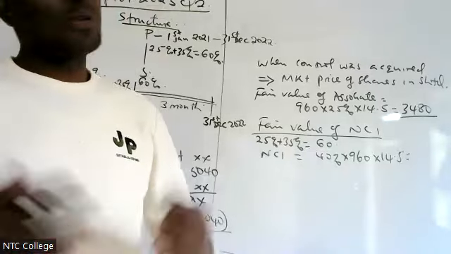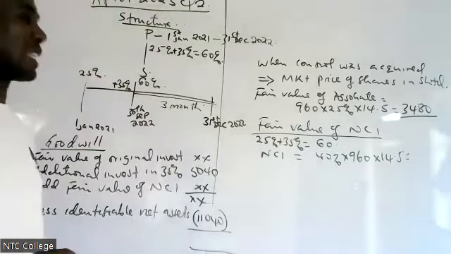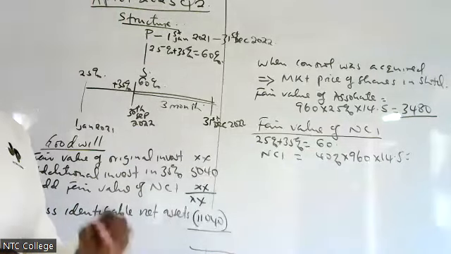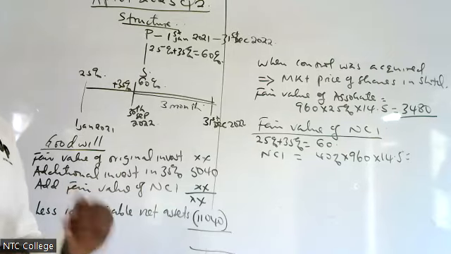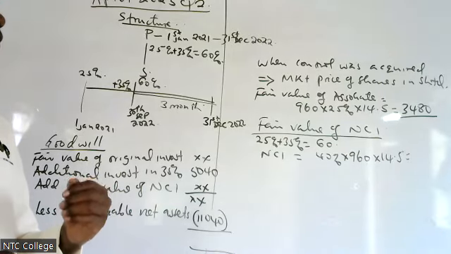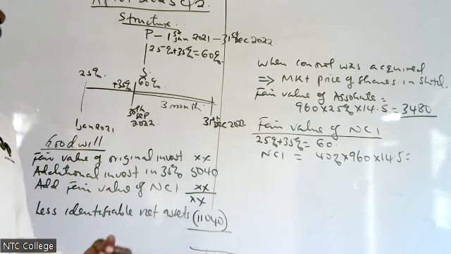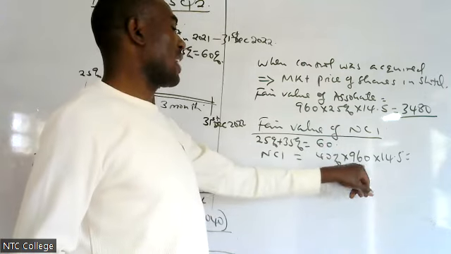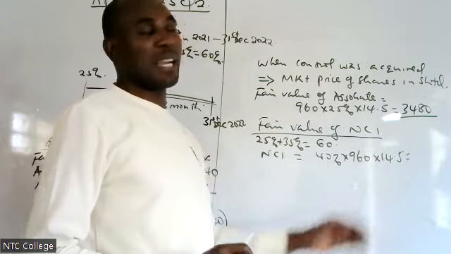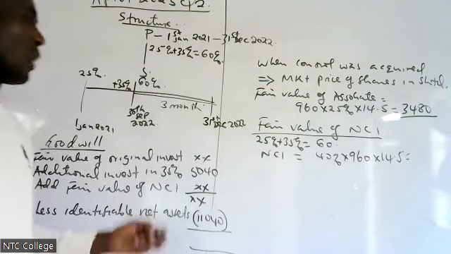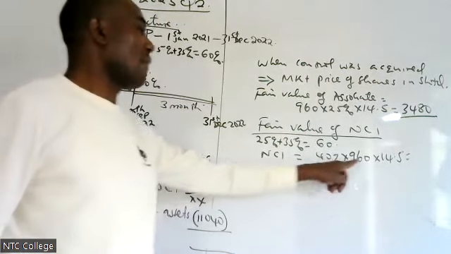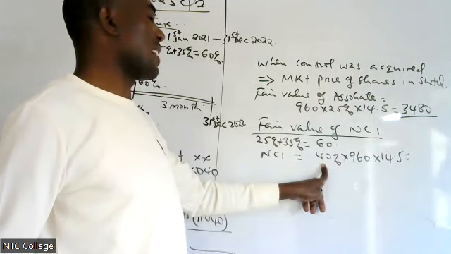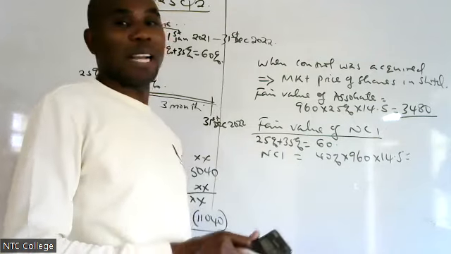If you don't get it, well and good, because it's your wish. I told you yesterday that once the examiner has given you the market price of the shares, then to get the NCI, you just take the shares of NCI times that market price. Like in this case, the shares are 960 at shilling 1 each, times 40%, which is the NCI, times that market price.